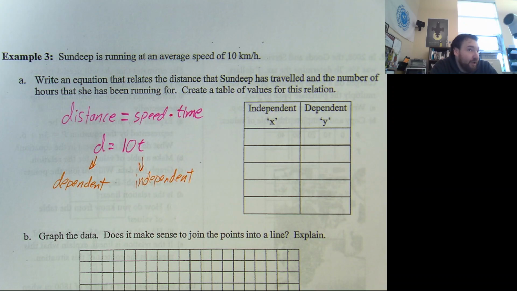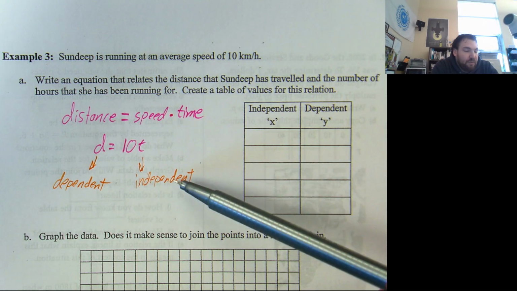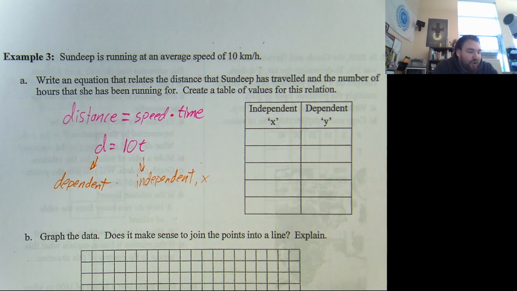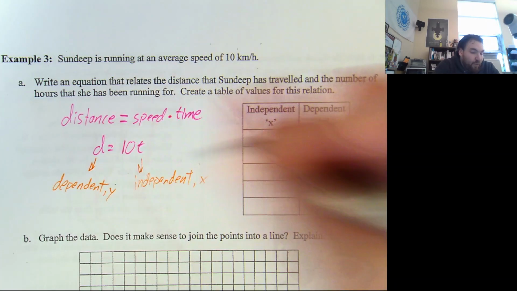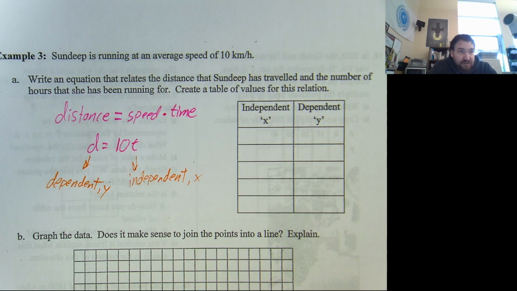Time's going to do whatever the heck it wants to do. It's going to move at 1 second per second through the universe, and that's going to be that. Unless you travel at the speed of light, and then things get weird. So, if time is independent, this is what's going to go on the x-axis, and dependent distance is going to go on the y-axis. Are there any restrictions on values for time?